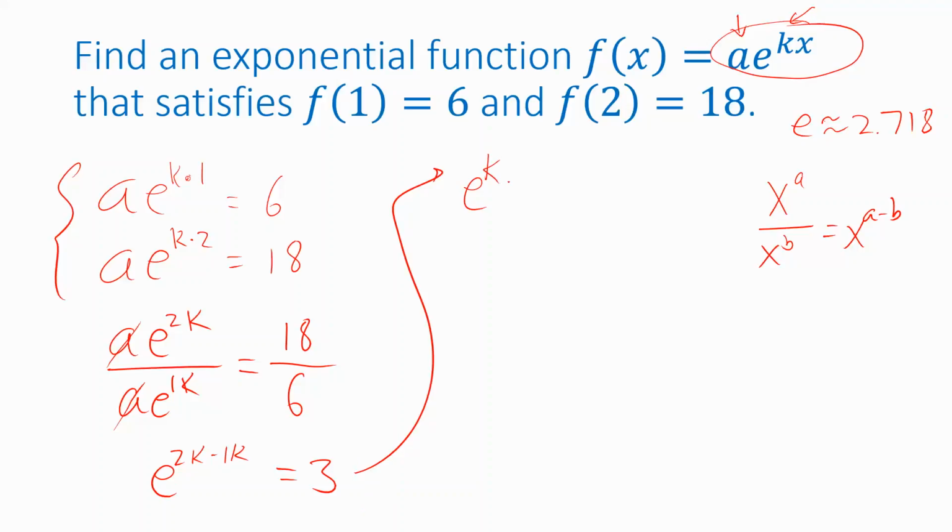And if I want to solve for k here, the way to do that is to use a natural log. So I take a natural log of both sides, because a property of logarithms allows me to pull this exponent k out front and turn it into a coefficient.